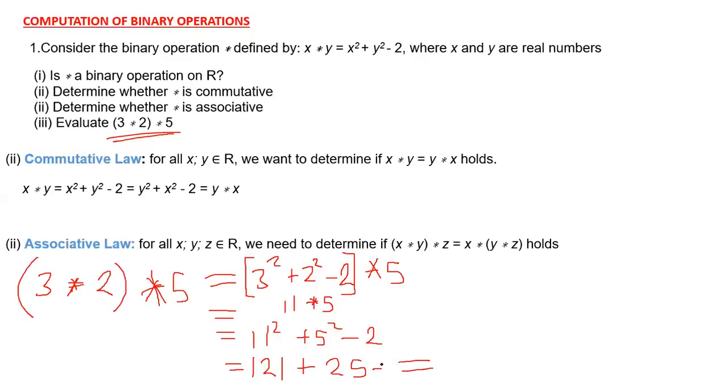Then when you subtract 2, so 121 plus 25, you get 146. So 146 minus 2, you get 144. I hope I'm correct. Yeah. So this is the solution for the last part there.